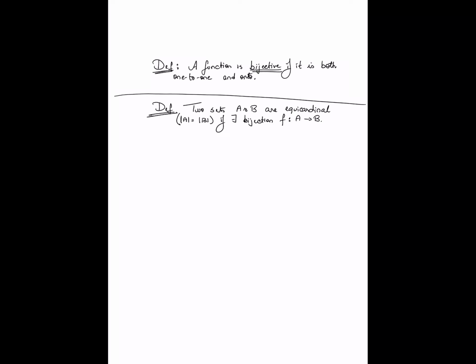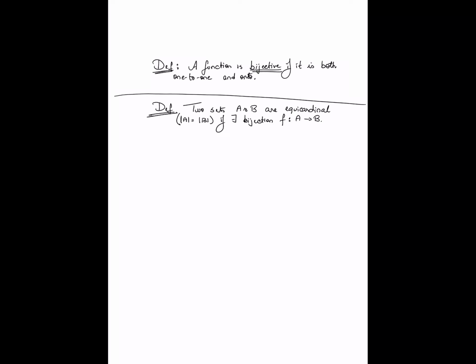Because if you have a bijection defined on a finite domain, that would imply that the codomain and the domain have exactly the same number of elements. So this definition of equicardinality is consistent with our notion for finite sets, but the magic here is that it also extends to infinite sets. I can even ask whether two infinite sets are equicardinal based on this definition. They are equicardinal if there exists a bijection going from A to B.